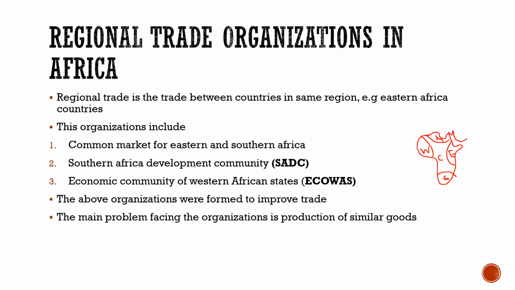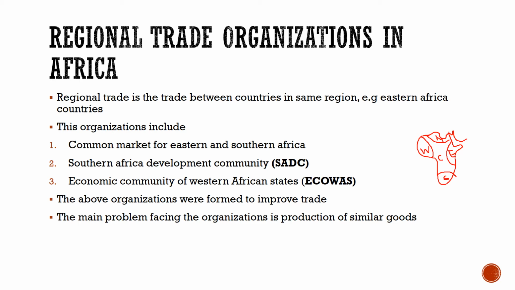In terms of trade, these regions have formed what we call trade organizations so that they boost trade within their regions. For example, Eastern Africa has the East African Community, which helps in managing the issues within the region. When you go to Southern Africa, they also have their regional organizations.